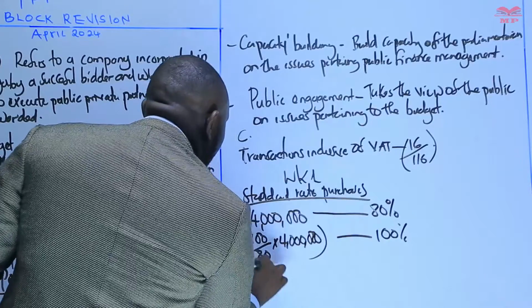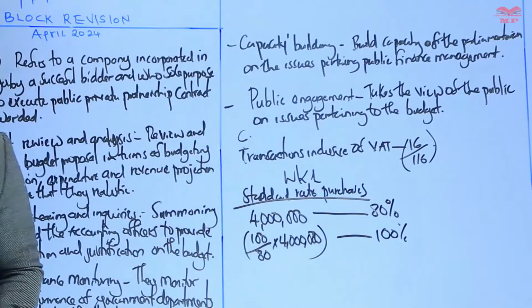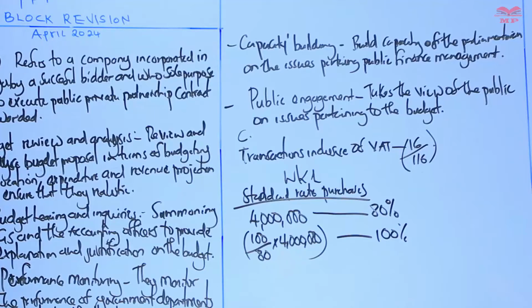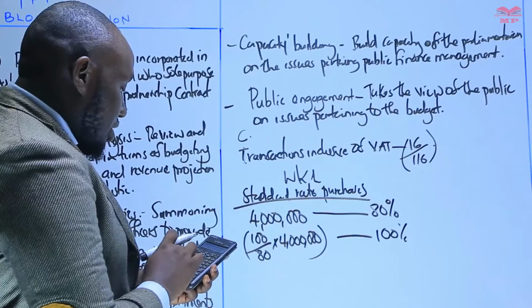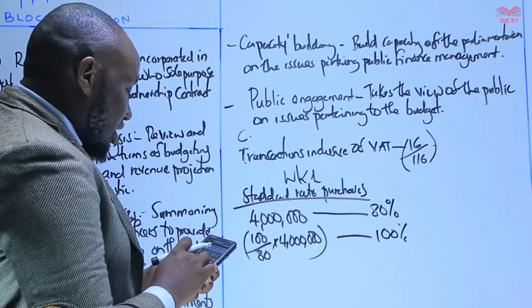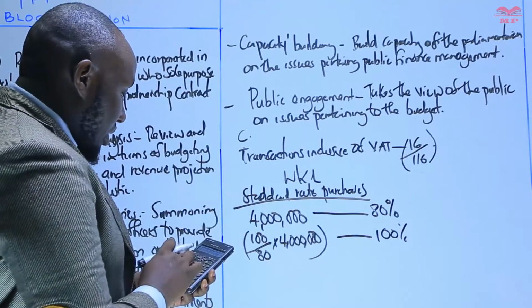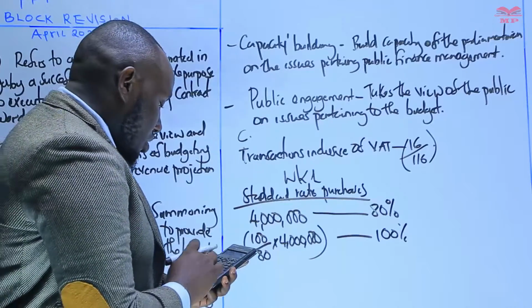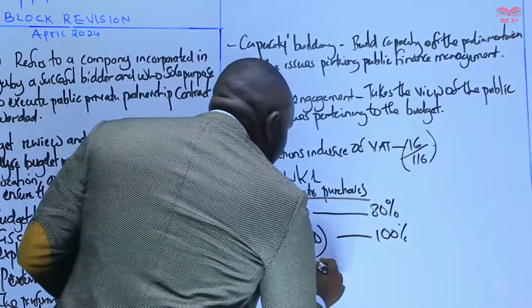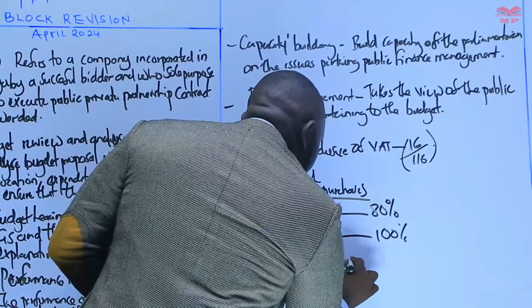We pick our calculator and get the correct figure. So the correct figure without understatement, you have to adjust that times 4 million. That means the correct figure for purchases is 5 million.